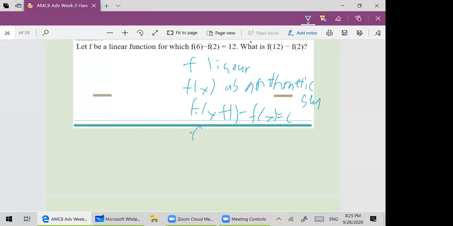So f of 6 minus f of 2 equals 4c, and that is given to be 12. So c equals 3. And now f of 12 minus f of 2 equals 10c, which equals 30.